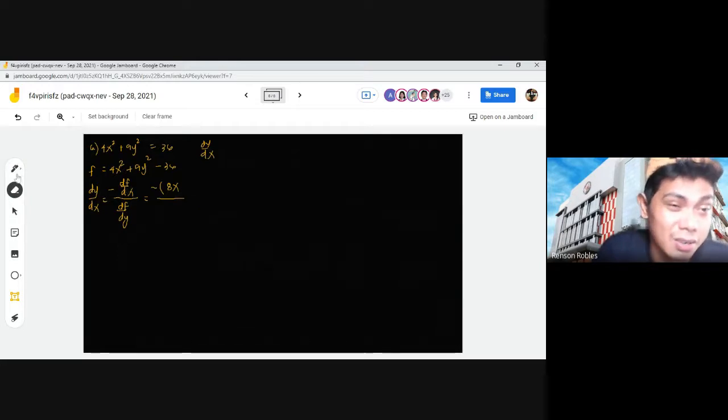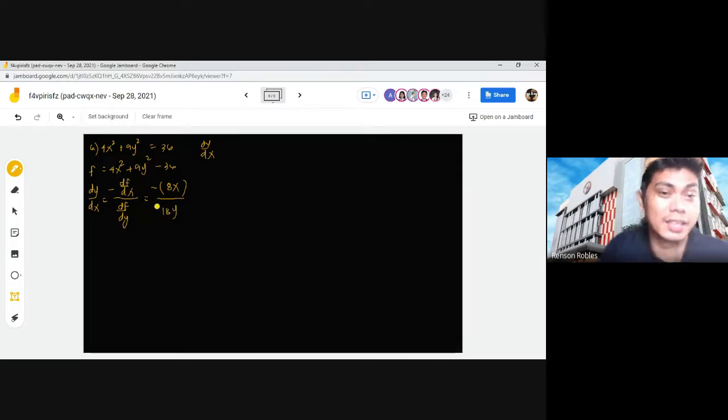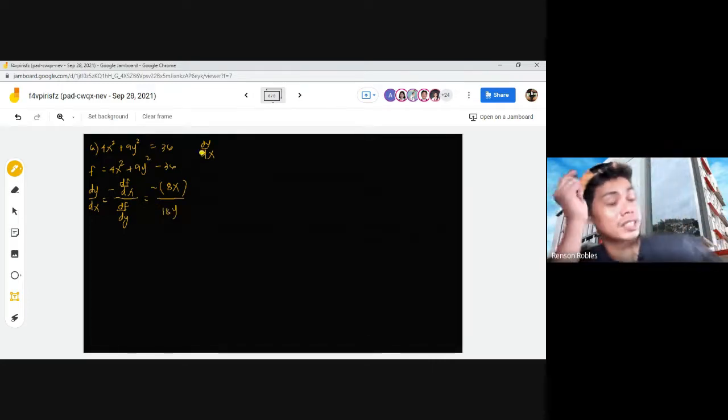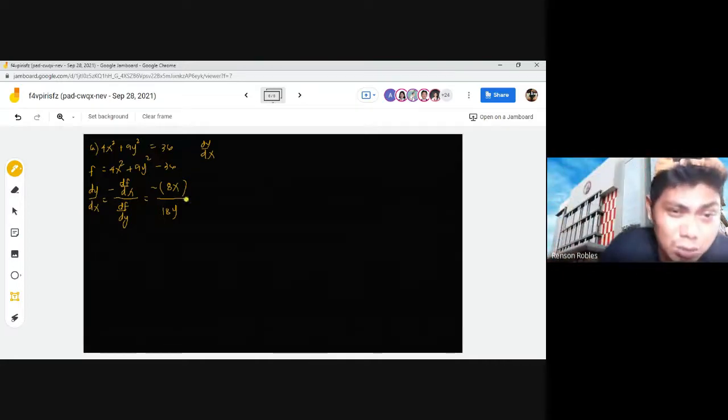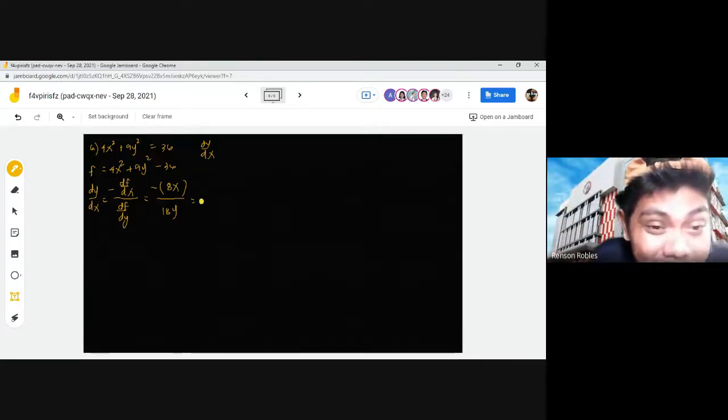Then plus 0, plus 0, plus 0. All over, the derivative of this in terms of y. So 0, the derivative of 9y squared is 18y. Then the derivative of 36 is still 0. And you're done. This is equal to, what can we cancel?